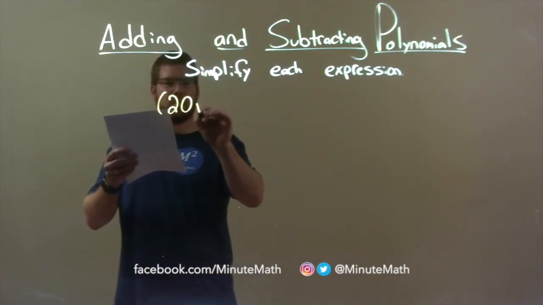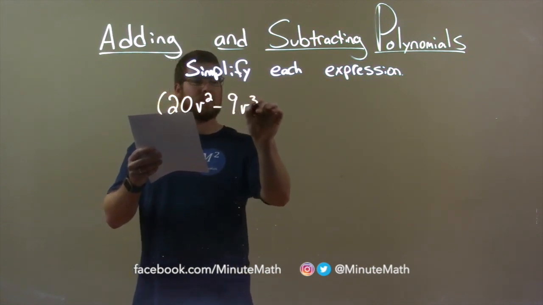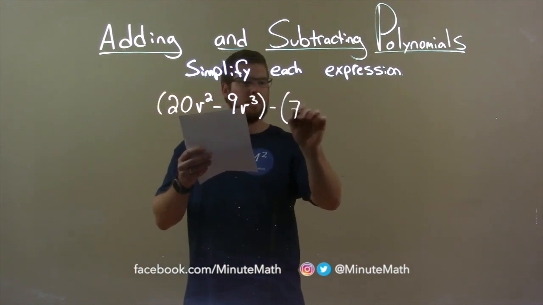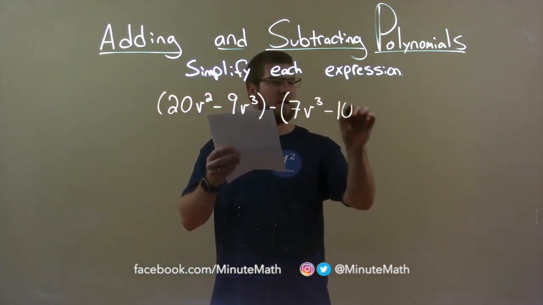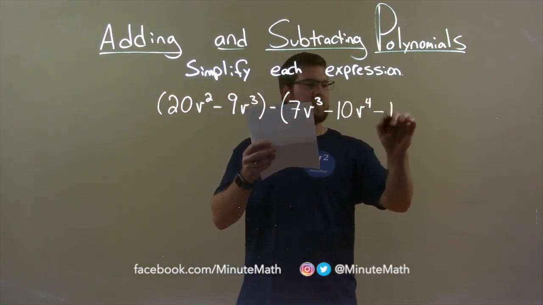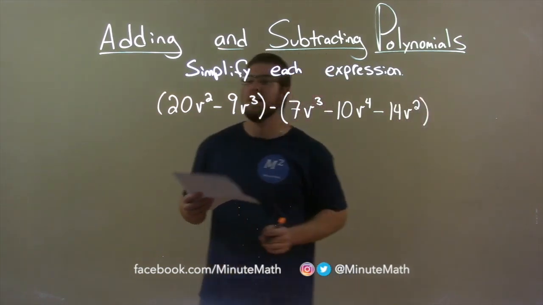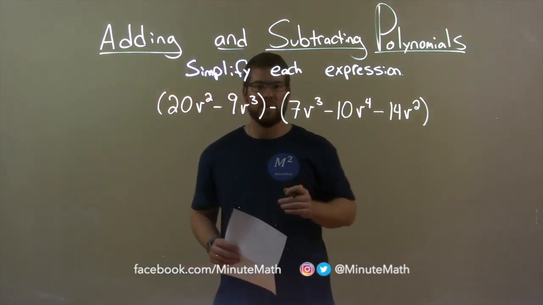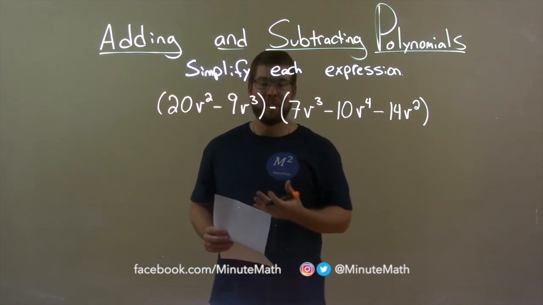20v squared minus 9v to the third power minus 7v to the third minus 10v to the fourth minus 14v squared. Well, so first I look within each parenthesis. There's no like terms within each one, so there's nothing that I can combine.